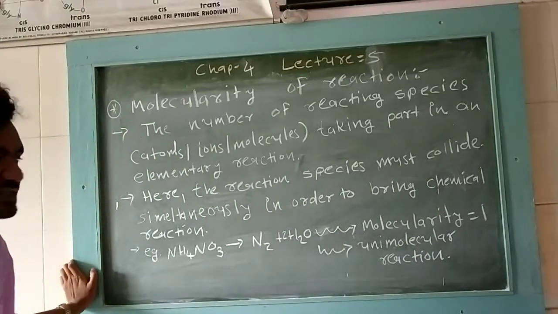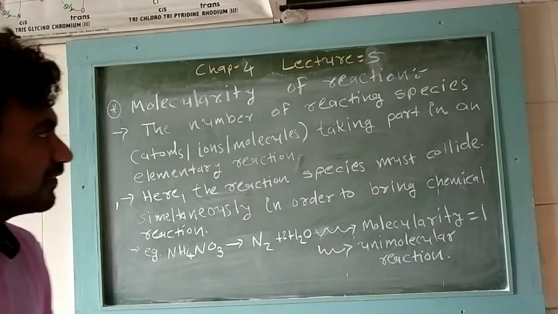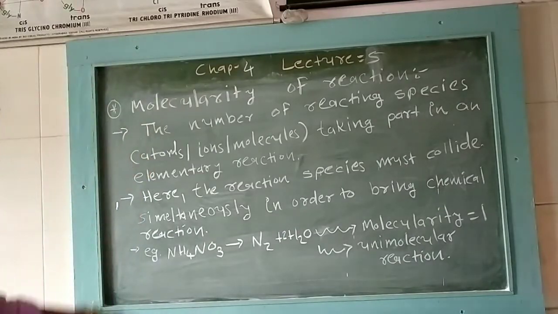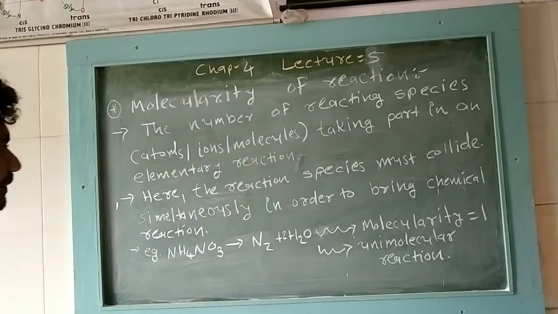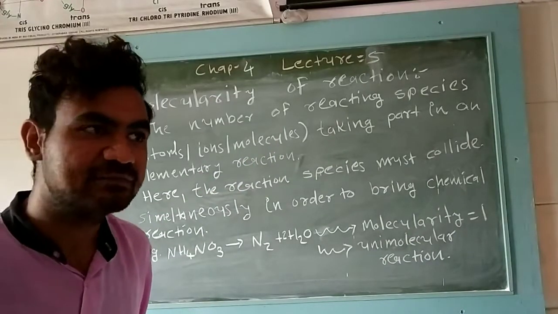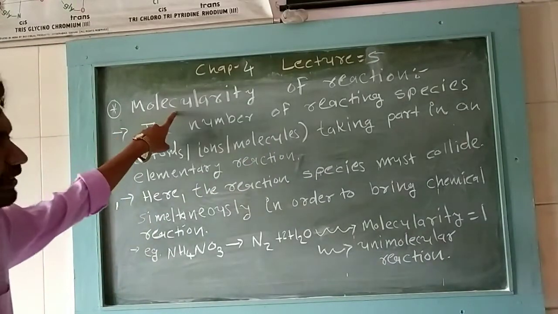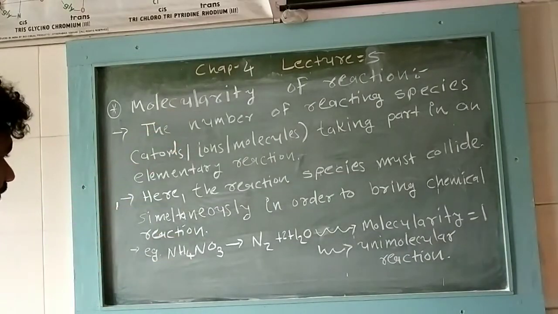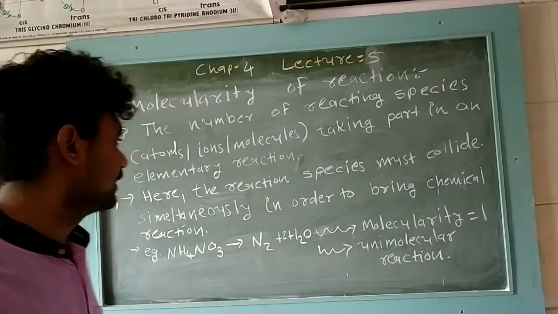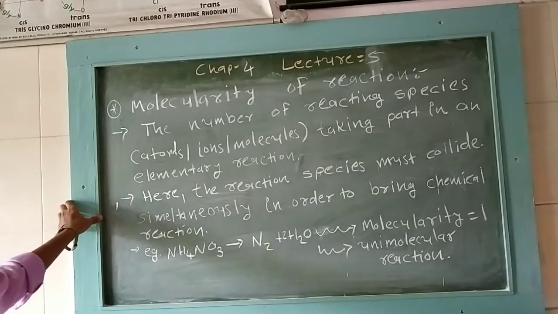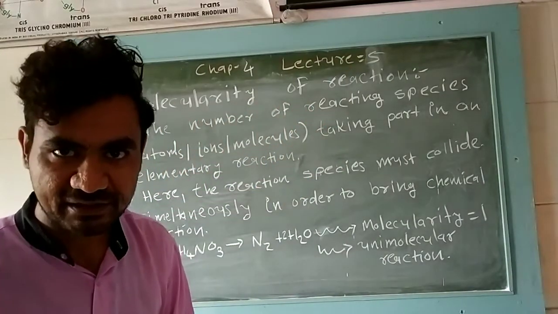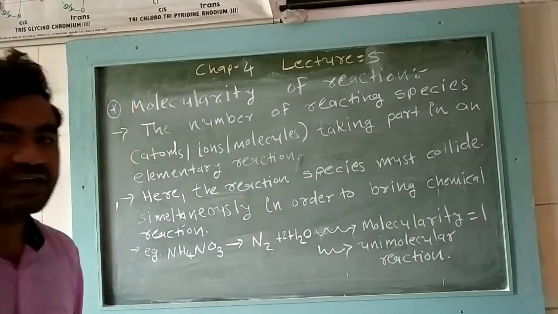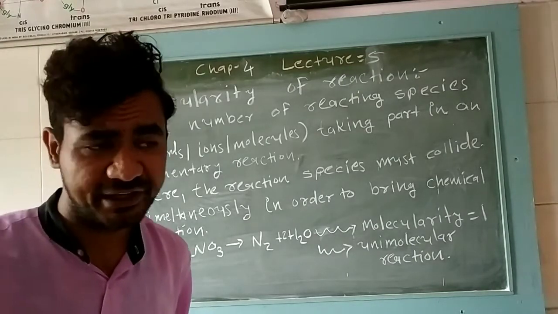Now the definition is like this: the number of reacting species, whether it is an atom, ion or molecule, taking part in an elementary reaction is called the molecularity of the reaction. The reacting species must collide with each other in order to react.